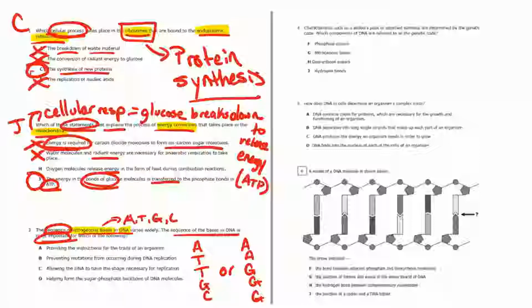Well, remember, every 3 bases code for something, and they are called codons when they turn into mRNA. Okay, so these correspond to the codons that are found in our mRNA, and those are going to end up coding for a certain amino acid.